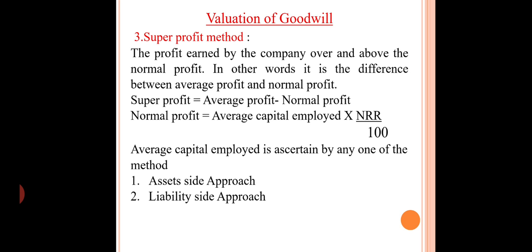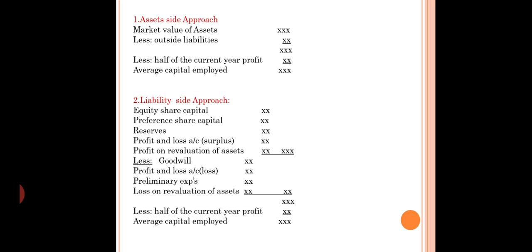Then the average capital employed is to be ascertained by any one of the methods. There are two methods applicable here. One is the asset side approach, and the second one is the liability side approach. Either you choose the first one or the second one. How do we find out the average capital employed under the asset side approach?